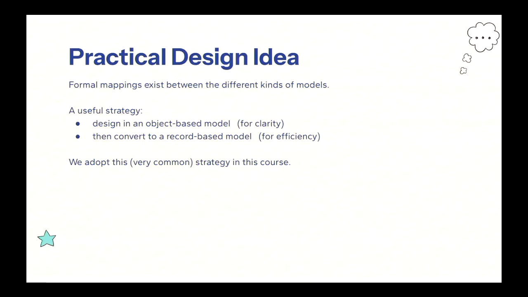So a useful strategy here is, if we want to design an entity relation model, we could design first in an object-oriented model, and then we convert it into a record-based model. So this is actually a very common strategy to adopt in this course.